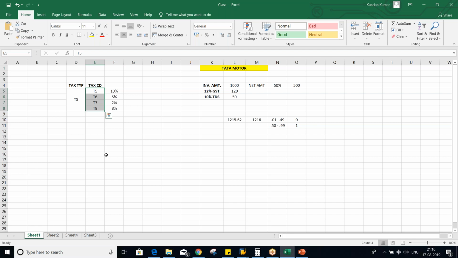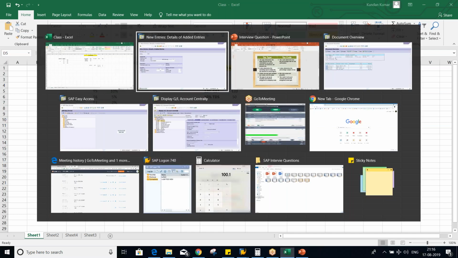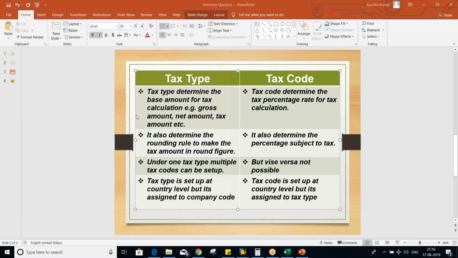If you talk about gross amount, on gross amount TDS is going to be calculated. It means that is applicable for all tax percentages, in the sense for all tax codes. So under one tax type we can set up multiple tax codes, but vice versa is not possible.